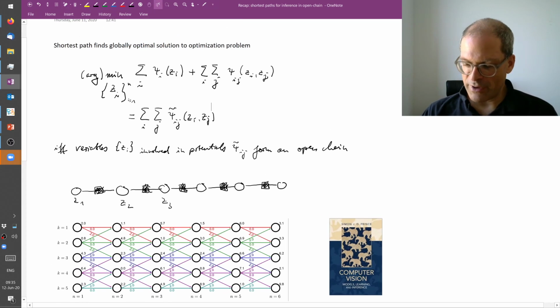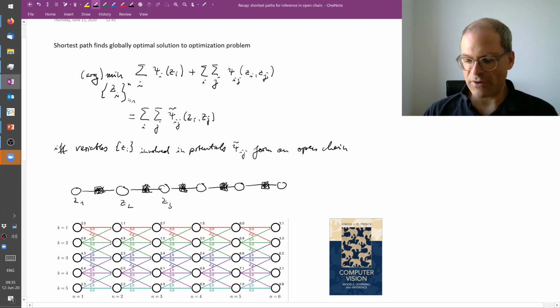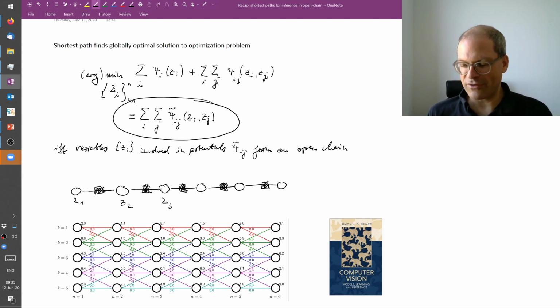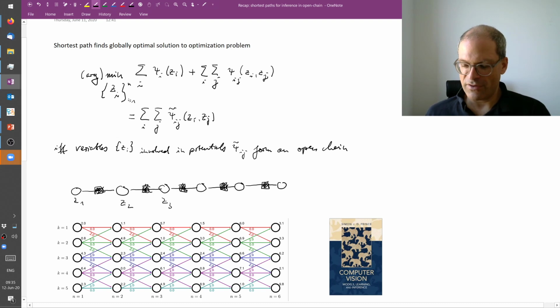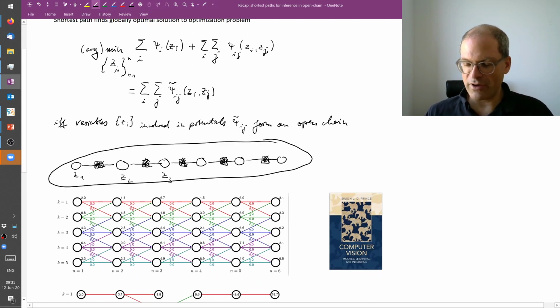All right, but anyway, we have this optimization problem, and I've argued last time that the unary costs can always be absorbed in the pairwise costs, and this is why down here I've only written the pairwise costs and I put the tilde on these pairwise potentials to indicate that they have absorbed the unaries. So this is the optimization problem, and in terms of a factor graph, this is how I would draw it.